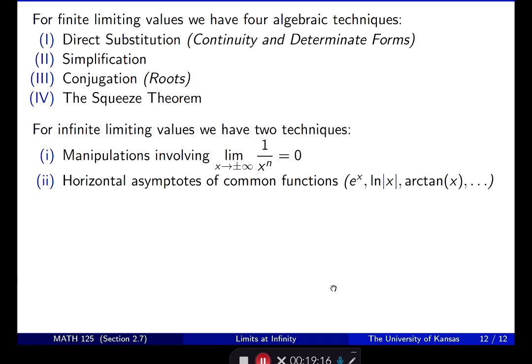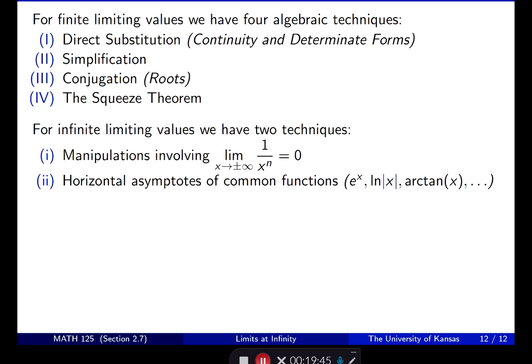So a little review of what we've covered so far. For finite limiting values, we have 4 algebraic techniques so far. There's direct substitution, which requires continuity and a determinate form. And we have simplification for indeterminate forms, simplification and conjugation, and the squeeze theorem.